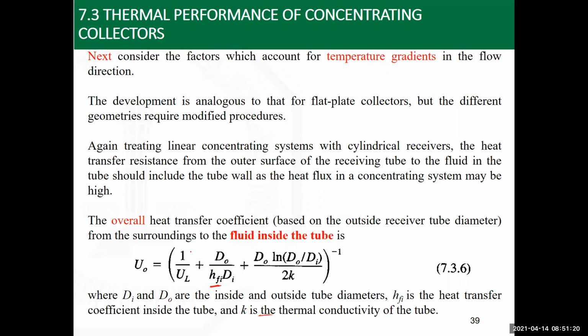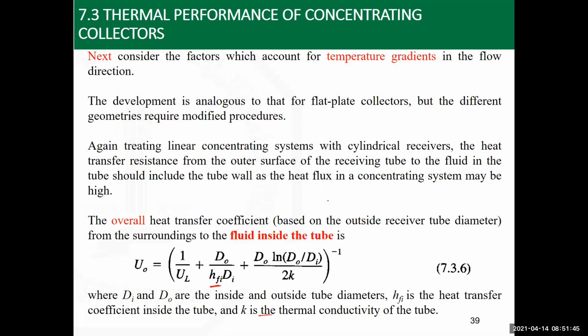And this is the loss coefficient that we got. So an overall loss coefficient can be calculated here, similar to what we have done in the case of the flat plate collector. We're going to follow the same methodology in general that we have done for the flat plate collector to come up with an overall heat transfer coefficient.